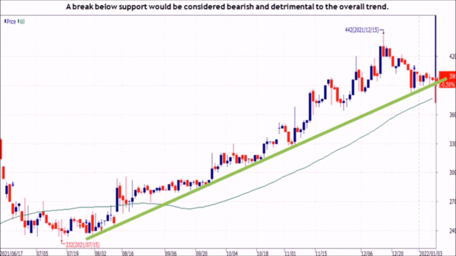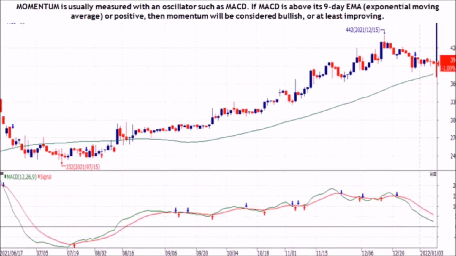A break below support would be considered bearish and detrimental to the overall trend. Areas of congestion and previous highs above the current price mark the resistance levels. A break above resistance would be considered bullish and positive for the overall trend.